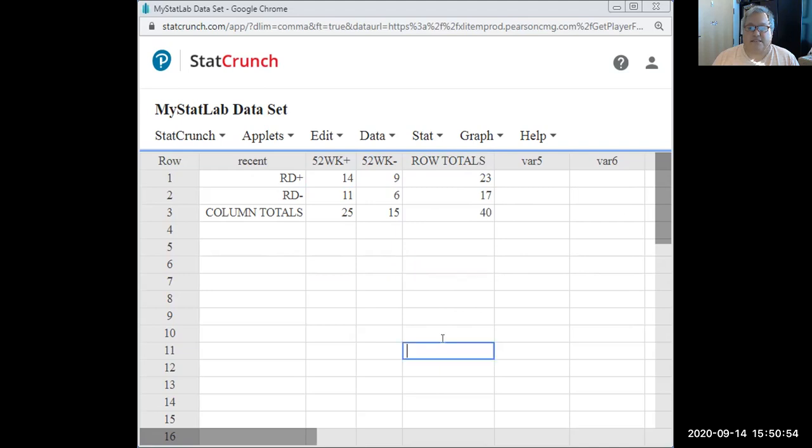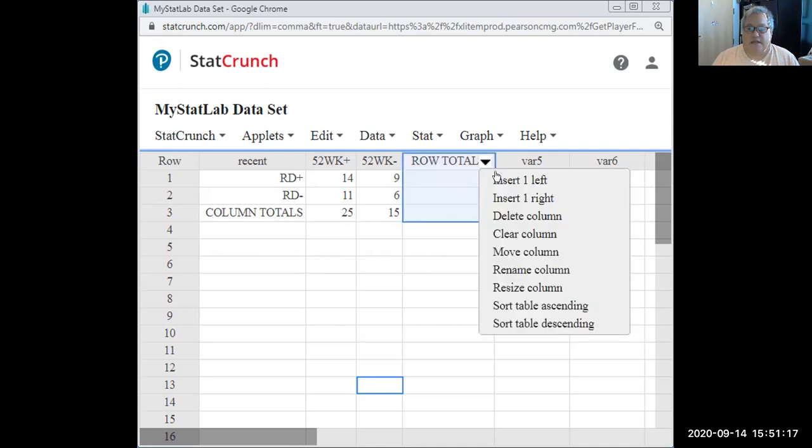If I'm anywhere else on the StatCrunch page, I do not see that pull-down menu. But the moment I point the mouse into the gray zone without clicking, a downward arrow appears, and in that menu, delete column is one of the possible items.